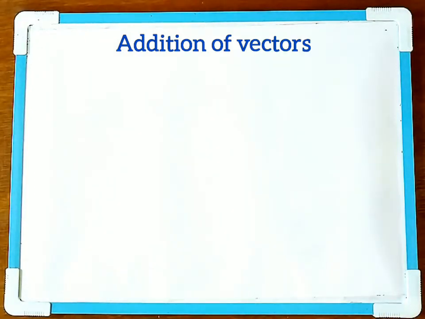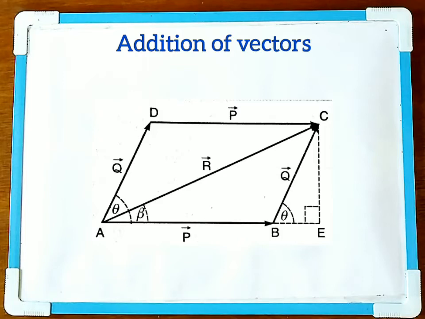So now to find the magnitude of the resultant vector R, say we take this example of two vectors P and Q acting at the same point A. The resultant obviously is given by the diagonal AC. Now to find the magnitude of this resultant R, we consider this diagram.